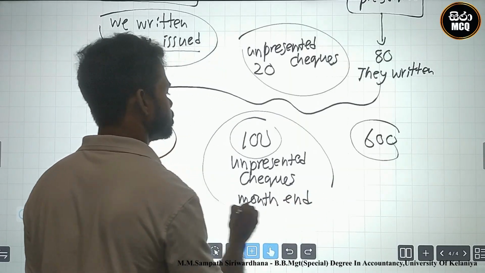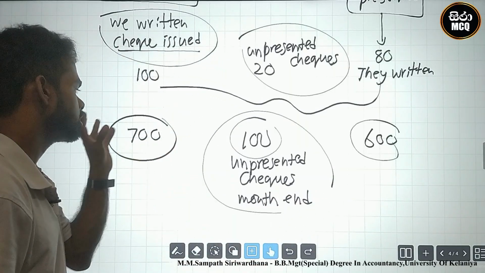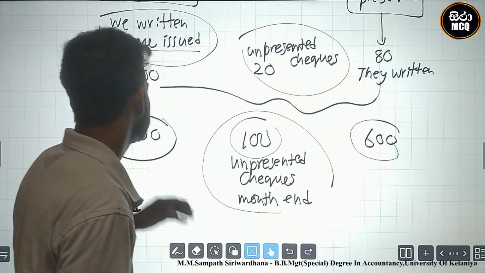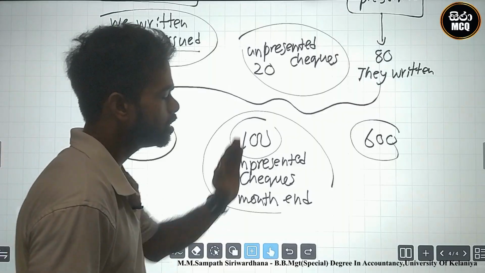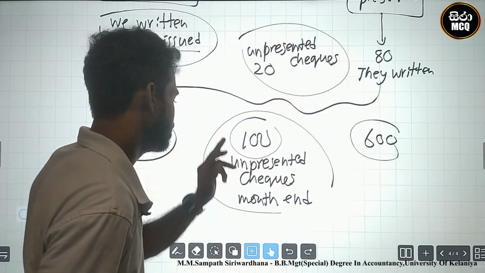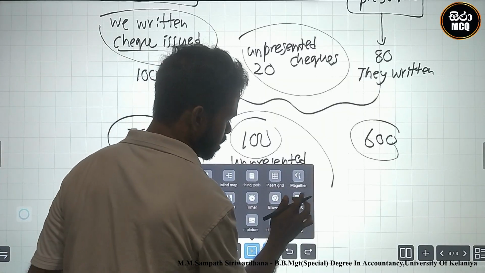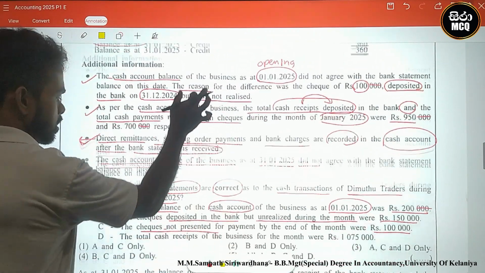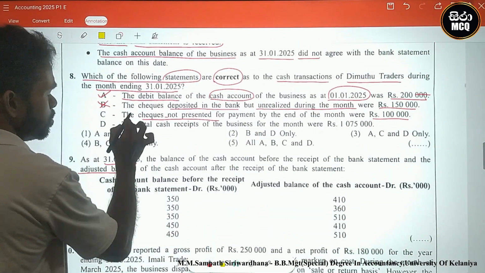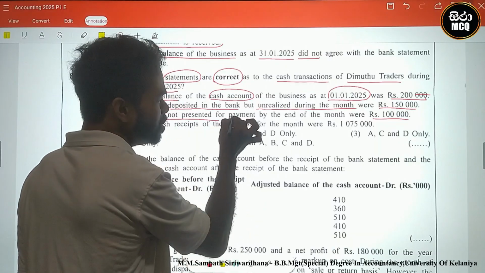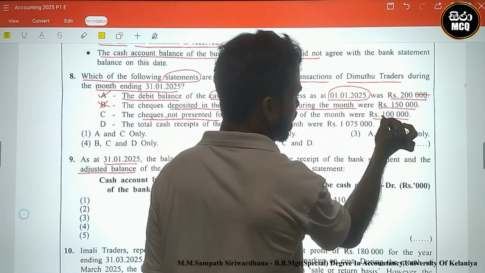At the month end, unpresented checks are 100, the gap between the checks we issued and the checks they presented. Look at the answer and statement: the checks not presented for payment by the end of the month were 100.